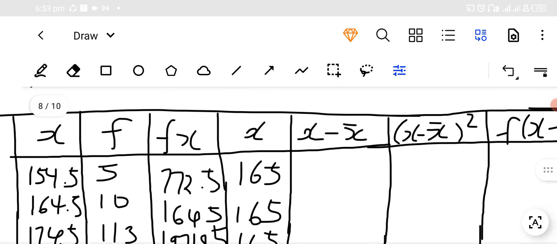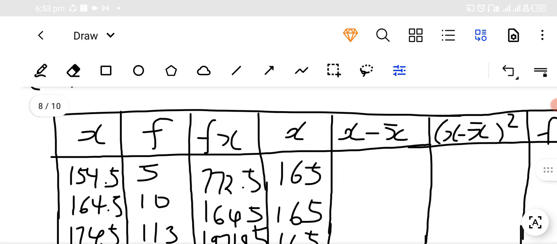Let's start with the first one. X is 154.5. 154.5 minus 165, negative 10.5.